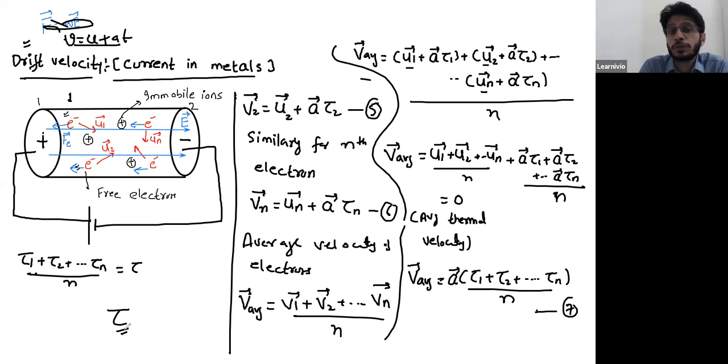This tau 1 represents the time taken by electrons to collide with the ions. The electron is moving inside a conductor, it's continuously colliding with the ions. So the time taken by the first electron for collision with two successive ions is tau 1. What is tau 2?